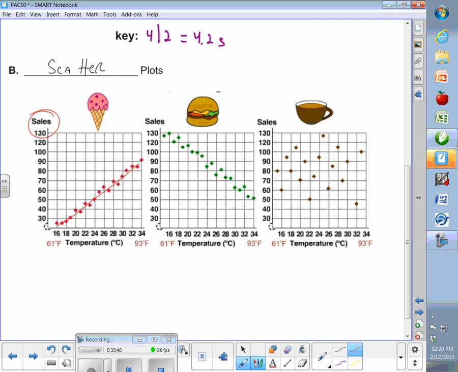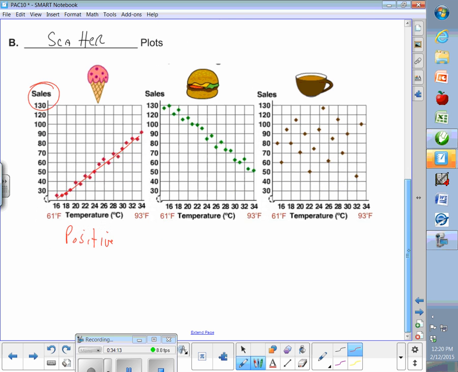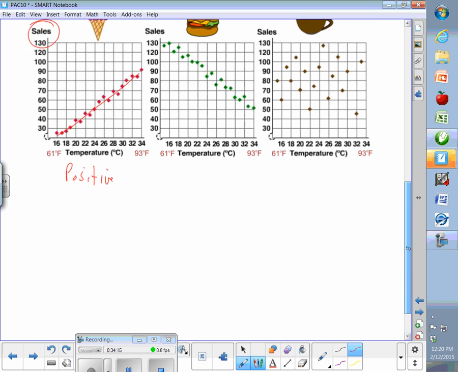Notice as the temperature increases, what happens to the sales? Do they go up or down? They go up. So this is a positive effect. We're going to use the term slope in Algebra 1. This is a positive slope. Later on in Algebra 1, we're going to use the terms growth and decay, and this is a growth.